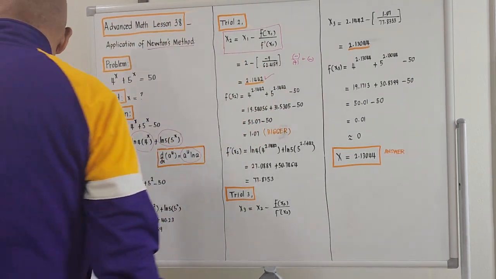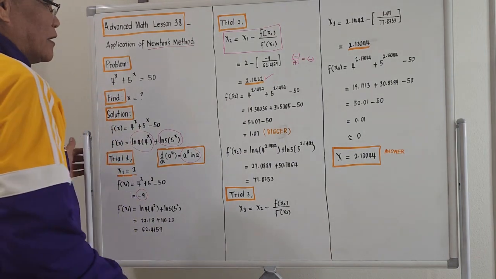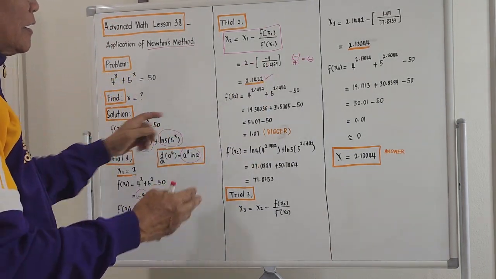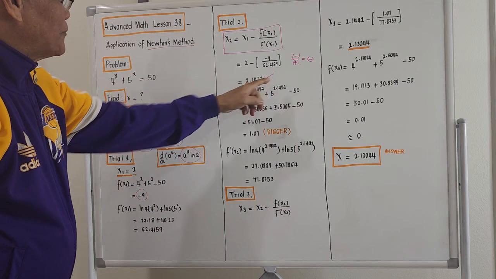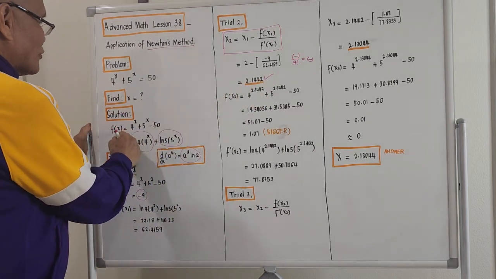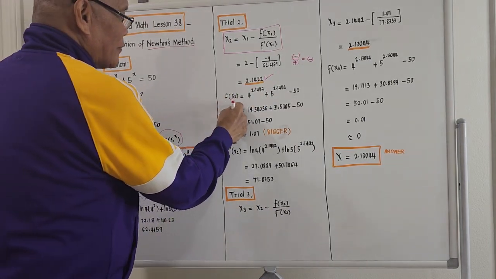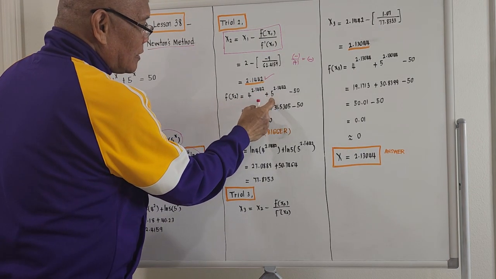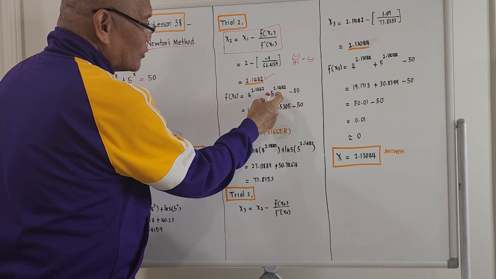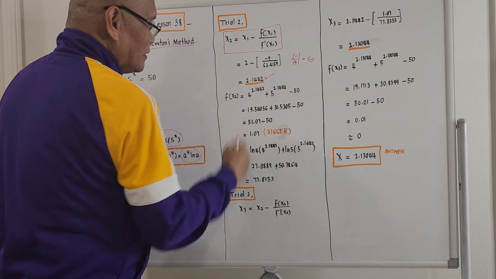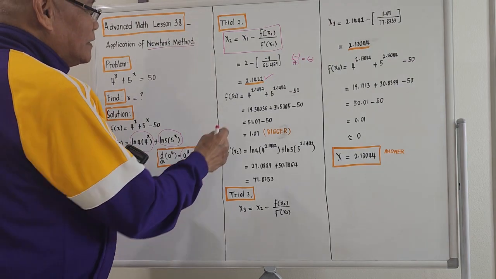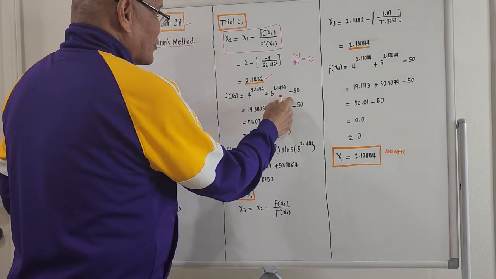Right? Okay, let's try to check if x2 now will be the correct value. You just get this value here, put it on that given function of x. So function of x2 will be 4 raised to 2.1442 plus 5 raised to 2.1442 minus 50. You could operate this one by using the calculator.